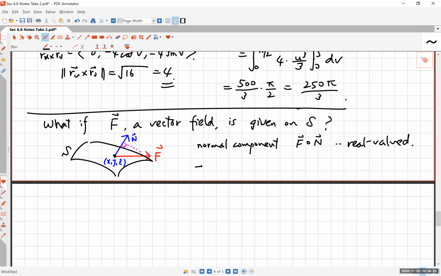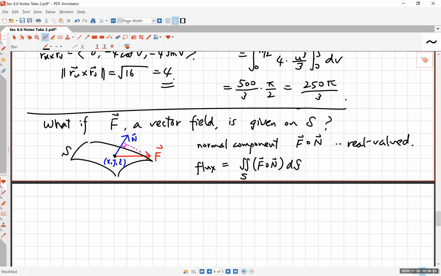And if you integrate all that at every single point, you should get the flux, the amount of the fluid or the energy coming across the surface S. That is the flux integral. And that is a double integral over this parametrized surface S of, what are you integrating? What you're integrating is this real valued function F dot n, and then you put dS in it, right?